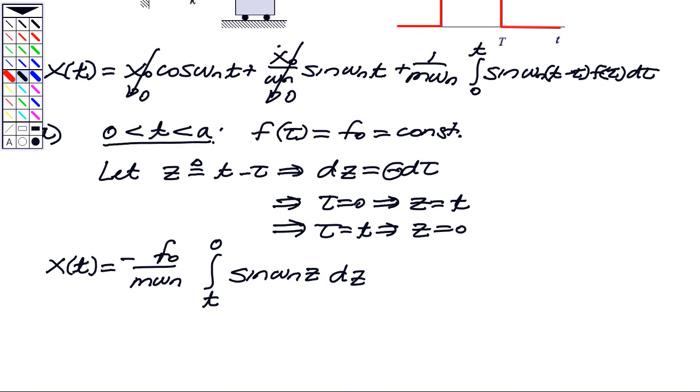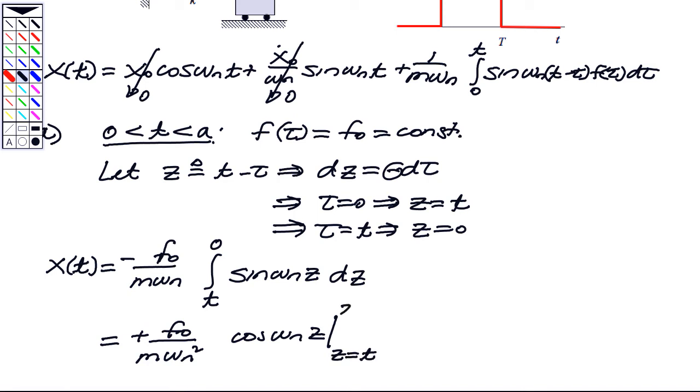The integration of sine is going to give a negative sign, which is going to make that plus, with another 1 over omega n, so this becomes omega n squared, and this becomes cosine omega n z. The evaluations are z equal to t on the bottom and z equal to 0 on top.